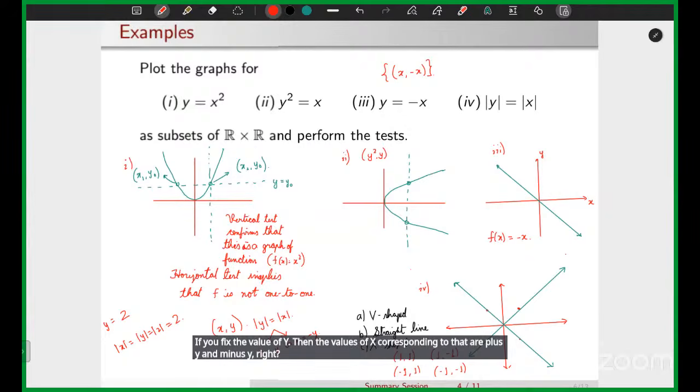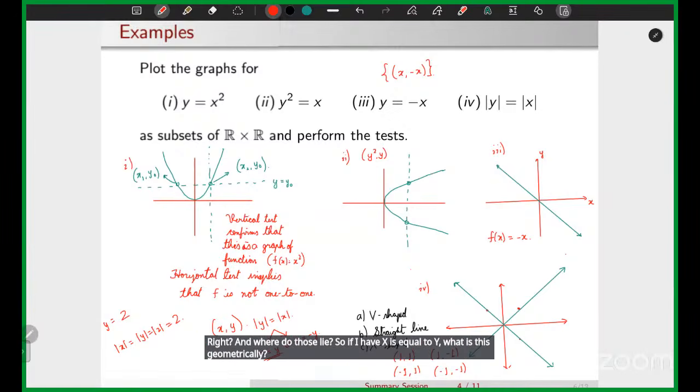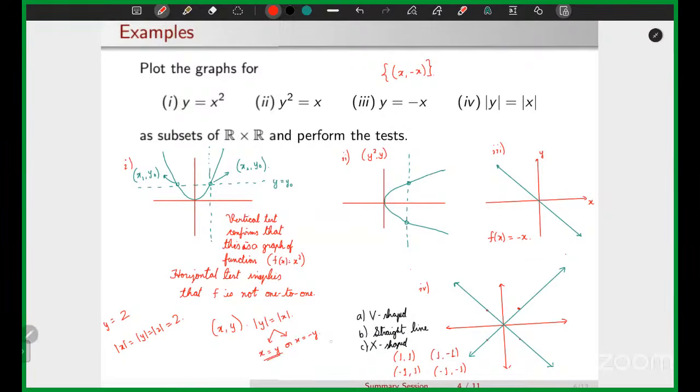Yes, sir. Right. And where do those lie? So if I have x is equal to y, what is this geometrically? What does x equal to y describe?